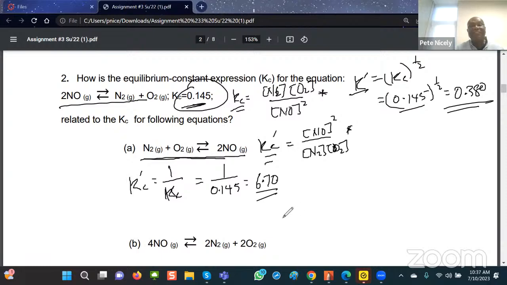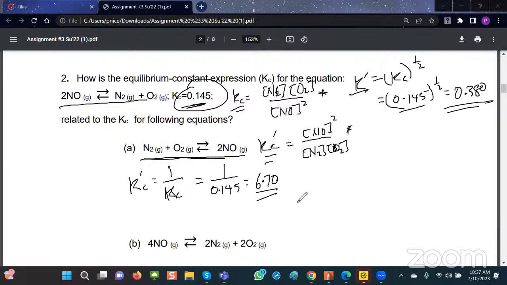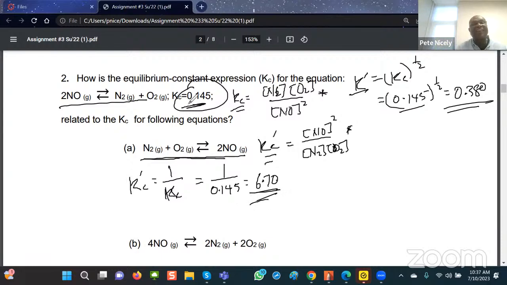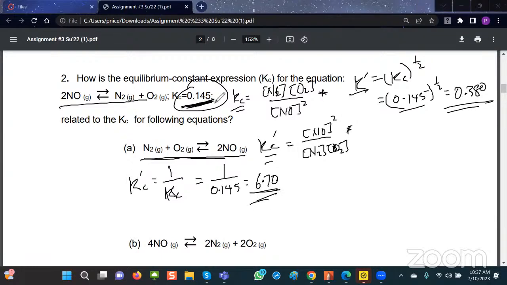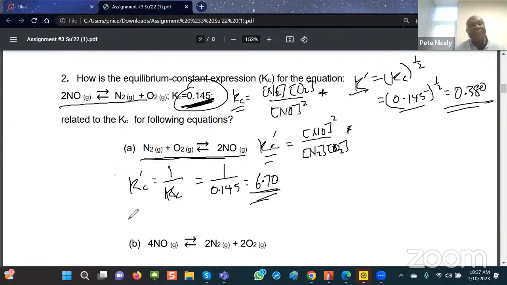Okay, any questions about this example? Any questions? When we're solving this, for the actual answer, is it 6.70, or is it Kc prime equals 1 over Kc equals? Well, it would have to be 6.70 because they gave you the Kc value. So it's not enough for you to write this down.